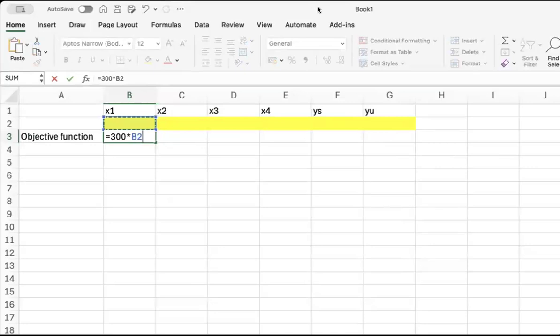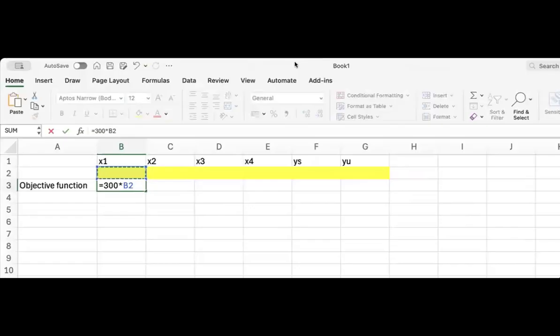Okay. Now formulate the objective function. The variables for x1 is B2 in my case. The x2 is C2. Okay. And x3 is D2. Right? And x4 is E2. Ys is F2. And yu is G2. Okay. So I write the objective function in B3 cell.